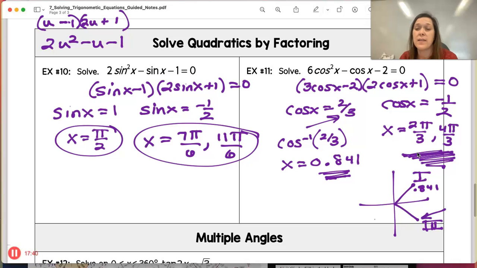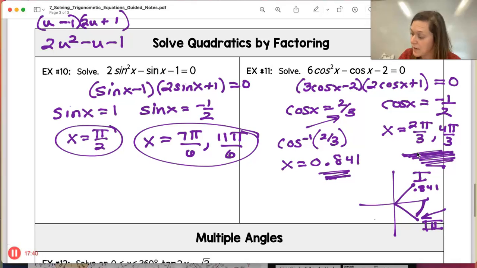So how do I find the equivalent of that? Well, can't I just take 0.841 and add a pi to it? No, I can't do that. Don't do that. My goodness, let's think about this.